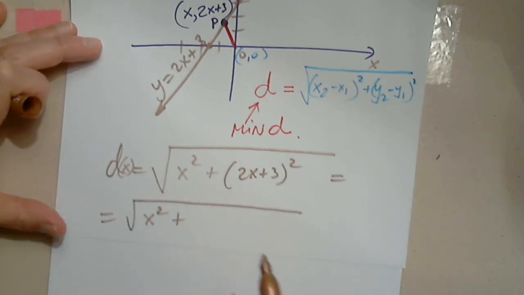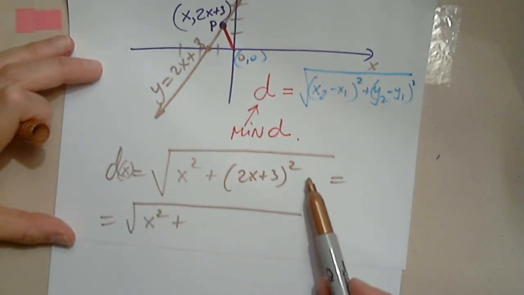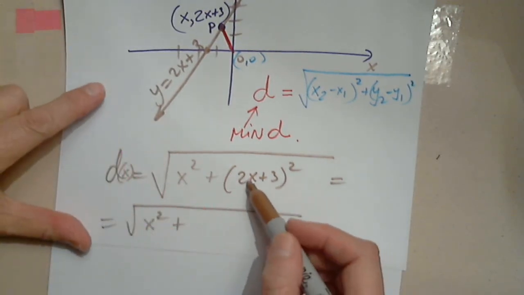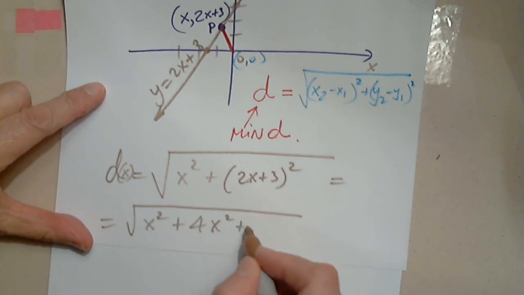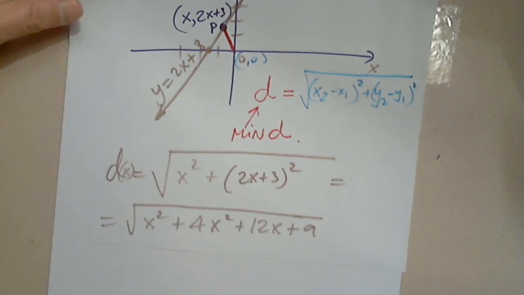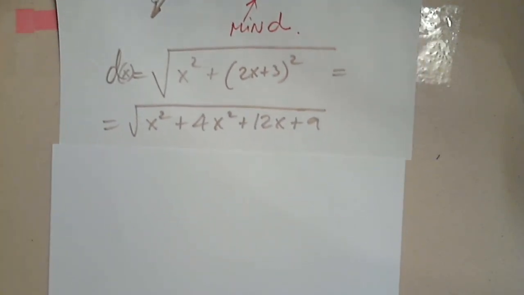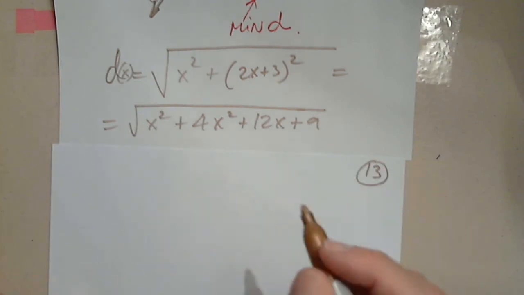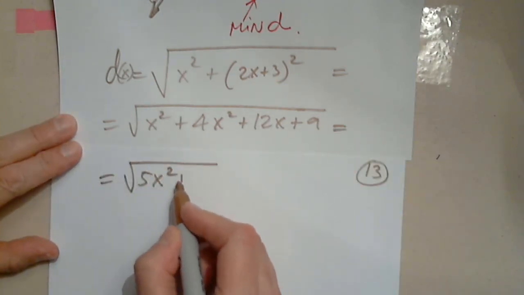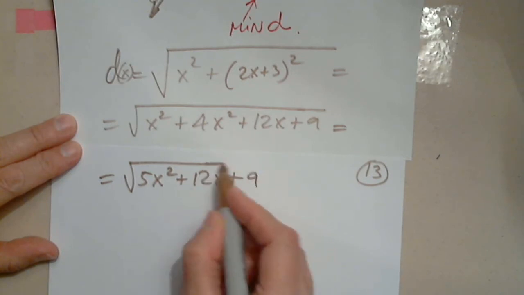And I have x squared plus, we know that a binomial squared has 3 terms. I have to present 3 terms: the first term squared plus 2 times the first times the second, 12x, plus 9. I will combine like terms: 5x squared plus 12x plus 9.